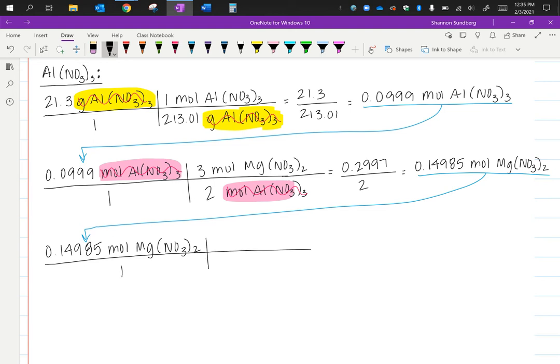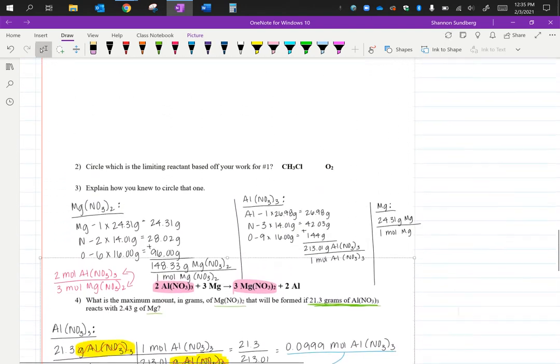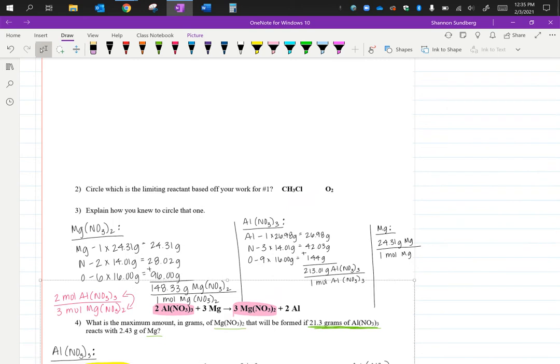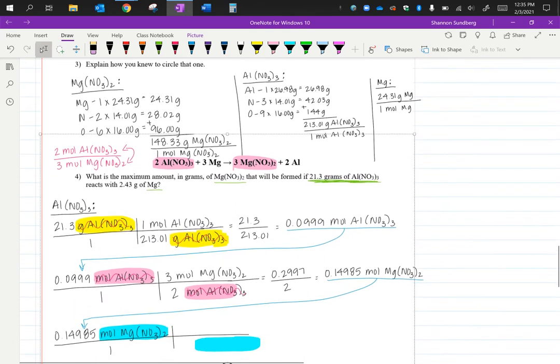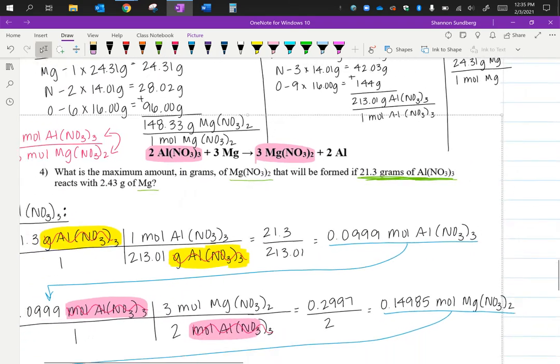Well, good thing I did that up at the top there, but let's make sure of what we need and where we want it. We want to get rid of these units here, which means they need to go right down here. Diagonal, if you will. Well, if I scroll back up to the top there, where I did that work, oops, too far. 148.33 grams is equal to 1 mole.